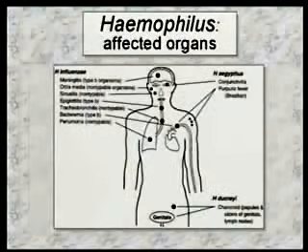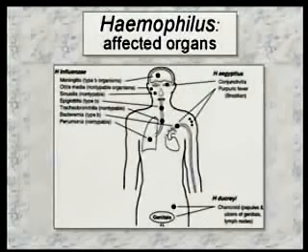Okay, there are other influenzae Haemophilus organisms, but the most infective, the most virulent one is Haemophilus B, HIB. And that B actually stands for the type of sugar they have, or serotype. There are others, A and other letters assigned to those.